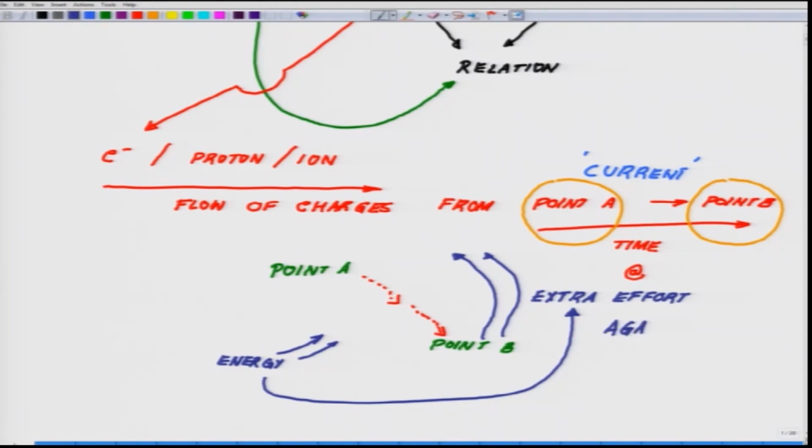against the gradient. So, this against the gradient is an energy intensive process as compared to the situation where from point A to point B the flow will take place by a spontaneous process.